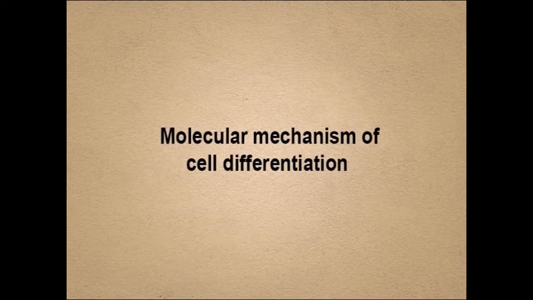Molecular mechanism of cell differentiation. The gene also plays a very important role in cell differentiation. In the absence of mutation, all the cells in a multicellular organism contain the same genes.